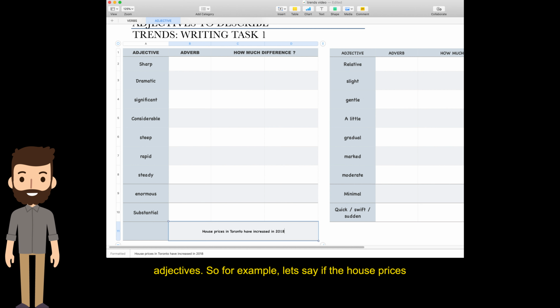So for example, let's say the house prices in Toronto increased from $500,000 to $1 million, so it was pretty quick. So $500,000 to $1 million, in the same year. So you want to say have increased sharply.